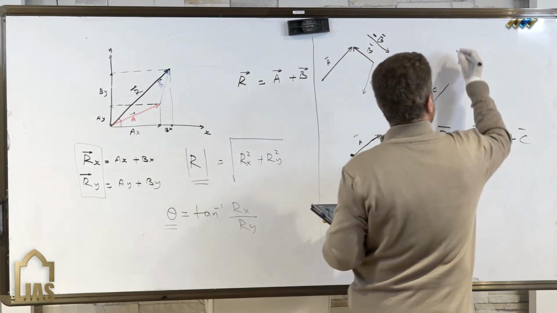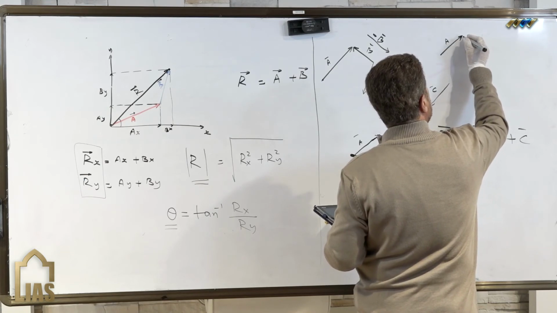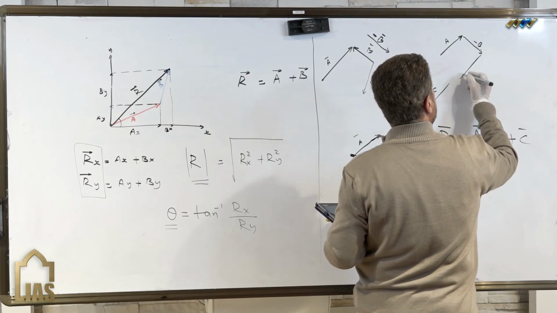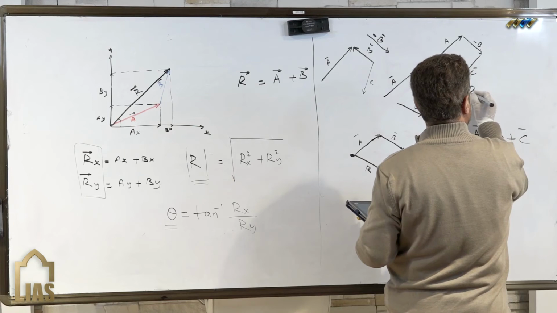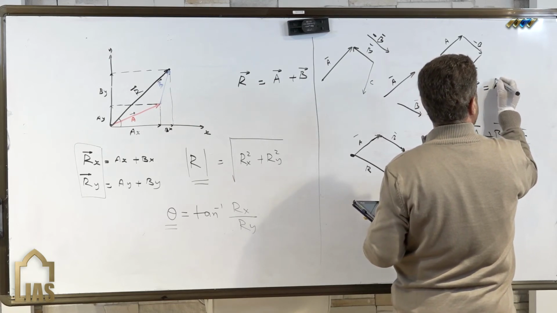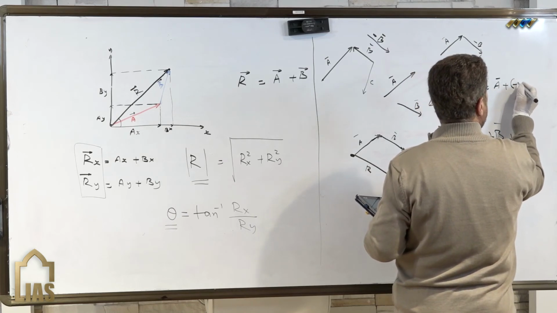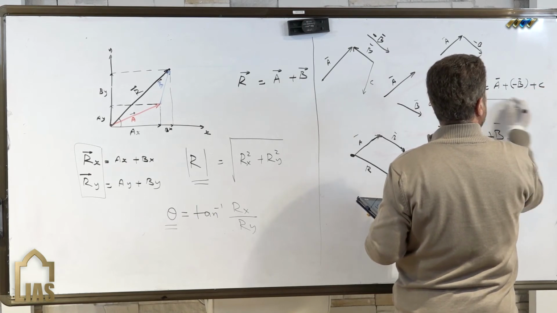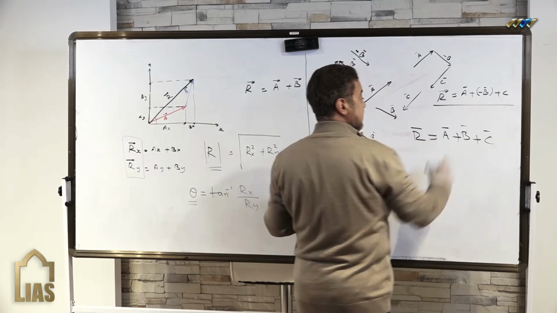In this case, we find A minus B plus C. Then R, in this case, is equal to A plus minus B plus C. This is addition, this is subtraction in this case.